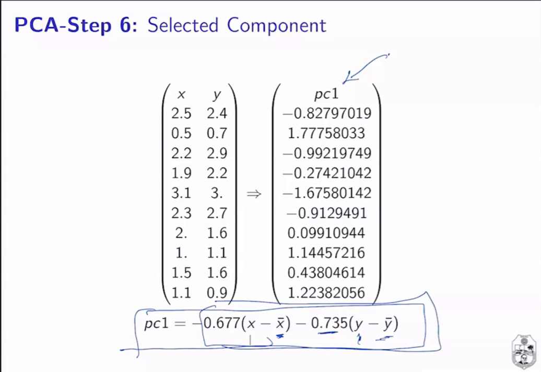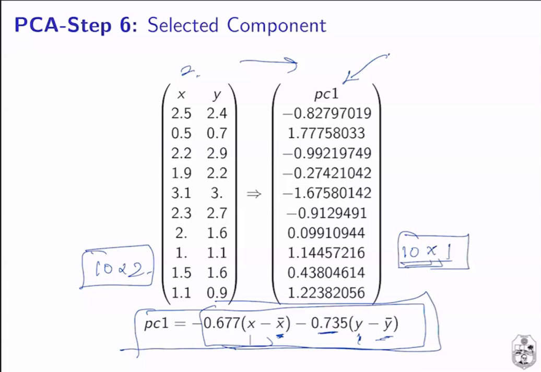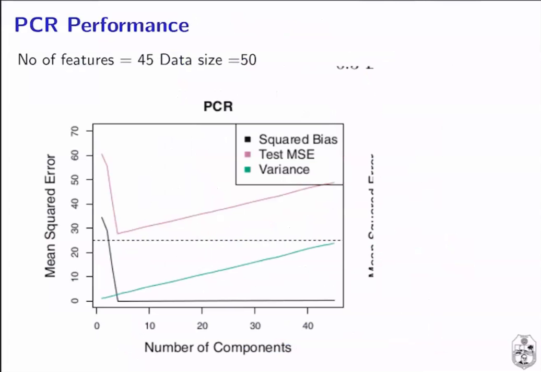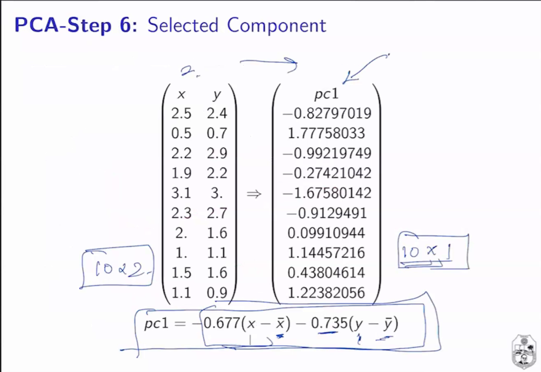Here the two-dimensional vector is reduced to a single-dimensional one. Earlier the size of the vector was 10 by 2. Now the size of the vector is 10 by 1. So this is called dimension reduction. Once you have reduced the dimension, you can perform the regression problem using this Z1 as your input feature and develop a regression model for Z1.